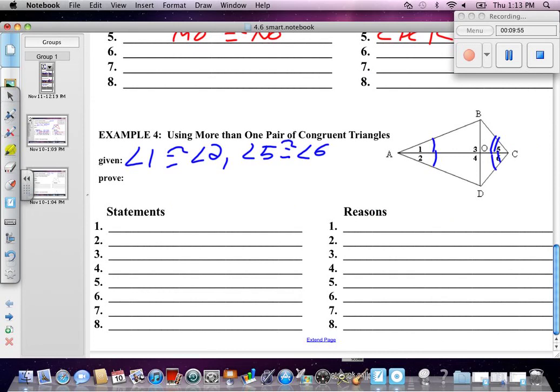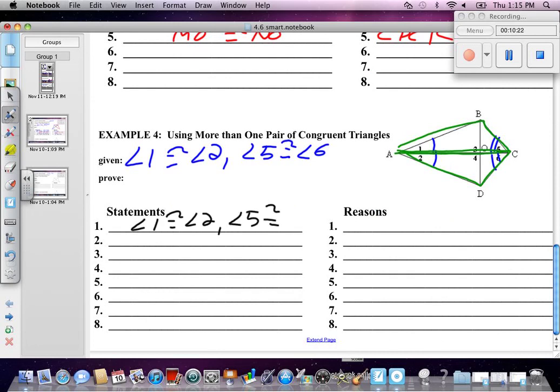Okay, before we start this proof, if we're talking about these two triangles, what else do those two triangles have in common? Line AC, yep. So I can use that to prove that they're congruent. So that's what I'm going to start with. Angle 1 is congruent to angle 2.